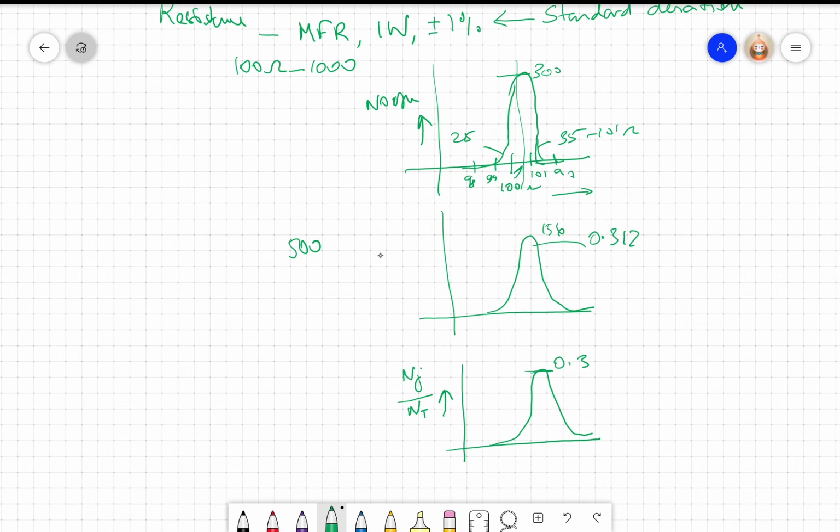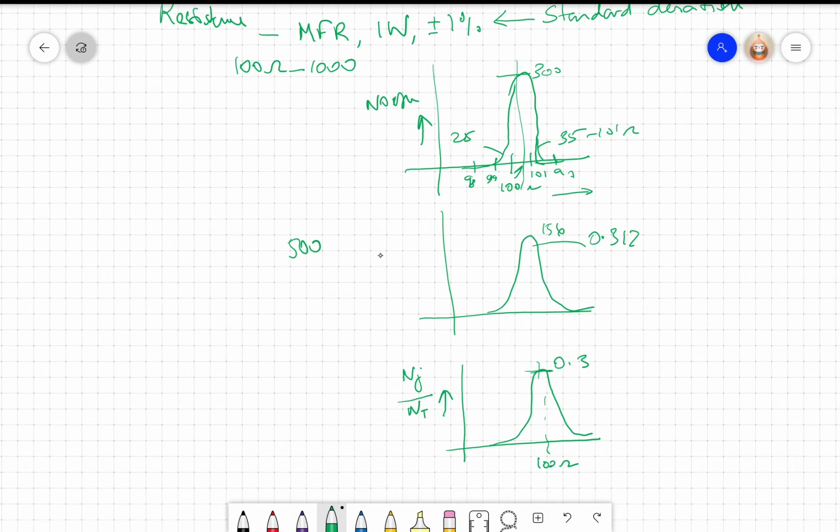So when I take the number of times a particular value has been obtained, for example, the value of 100 ohms obtained, and divide by the total number, I will get only a fraction, because the total number will always be greater than the actual number, right? Or in other words, what does it say?